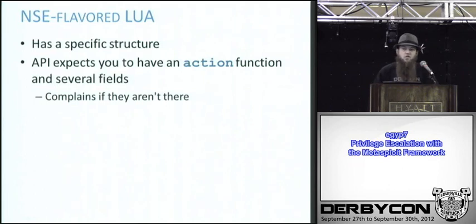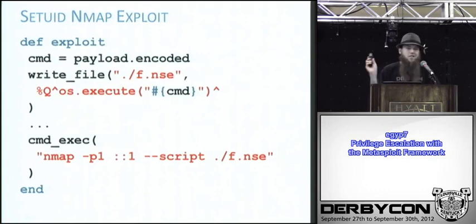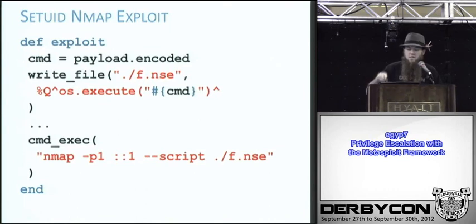But it turns out it doesn't actually care. It will evaluate it anyway, even if it doesn't match the structure. It'll evaluate it, find out that it's not valid for its regular structure, and then just discard what it did. And in this case, what it did was os.execute cmd, and cmd is the payload we created.